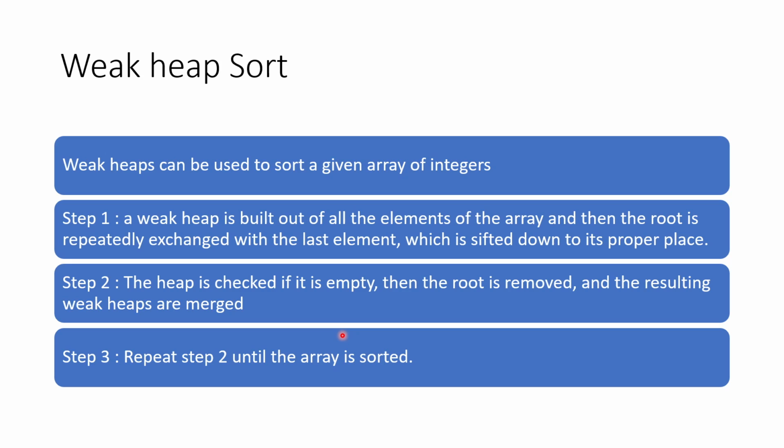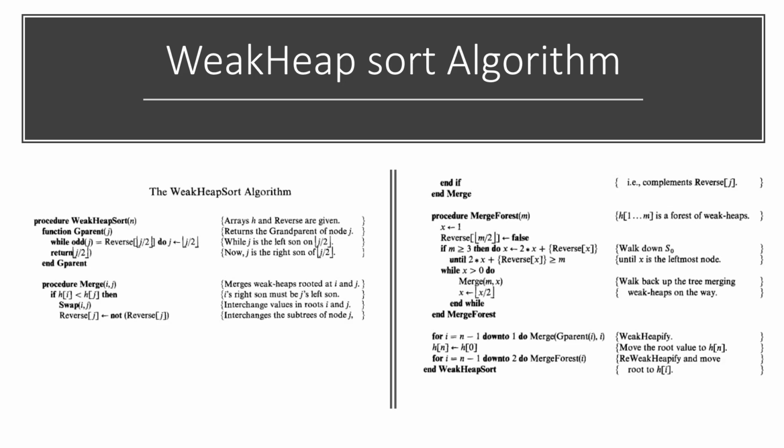So this might sound a little vague and complicated, but we can see this with an example. Before that, let me show you the weak heap sort algorithm. This is the pseudocode for the entire weak heap sort.